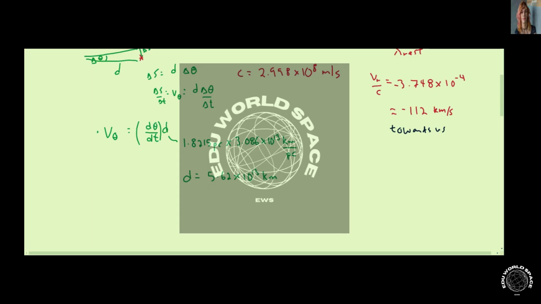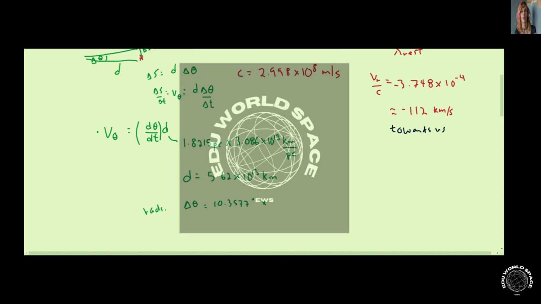So the delta theta over delta t is, we're going to have to convert our arc seconds into radians. Let me take this a little bit at a time so it doesn't look quite so jumbled up. Units can be a real nightmare. We have the angular motion very accurately, and we're going to convert that to radians.